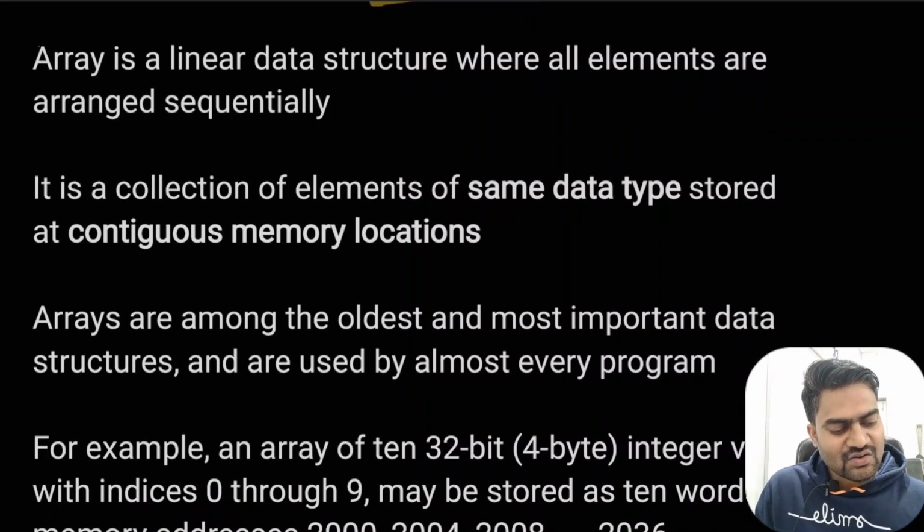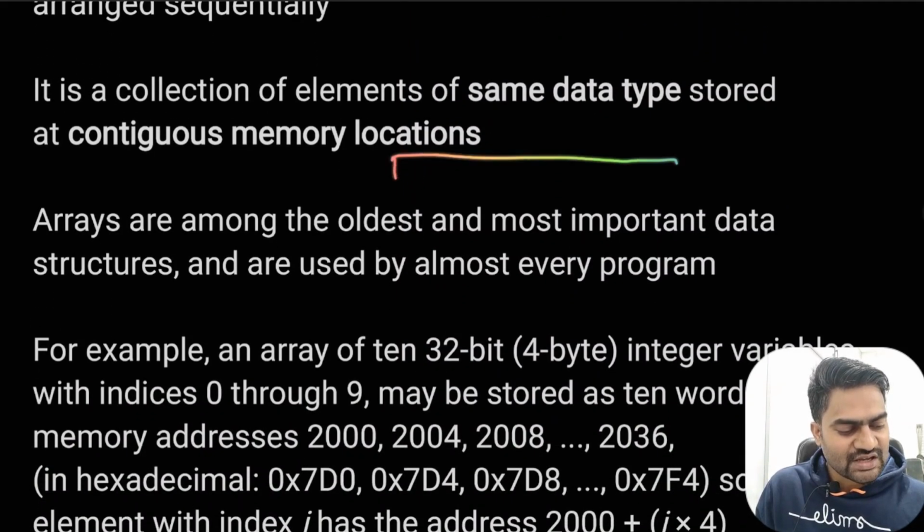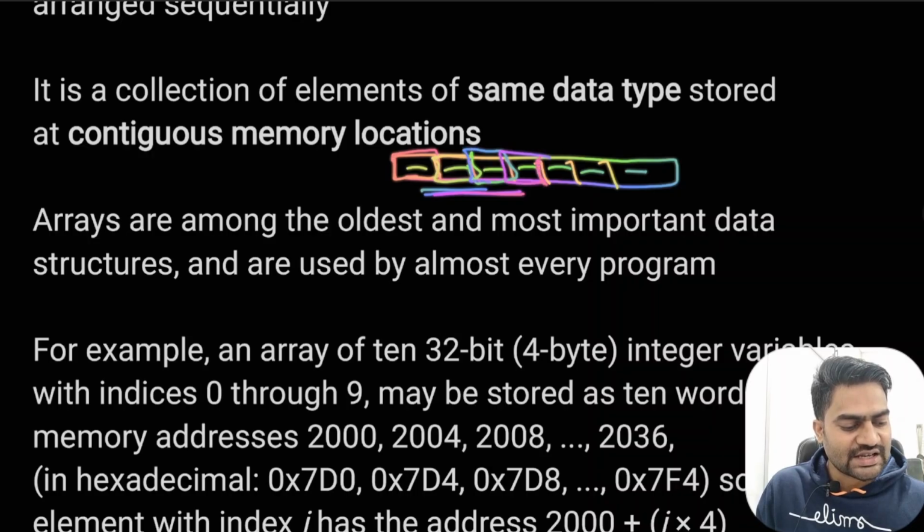And it is a collection of elements of the same data type stored at contiguous memory locations. These blocks are contiguous memory locations where array elements are stored sequentially, one after the other. We cannot leave something blank in between.